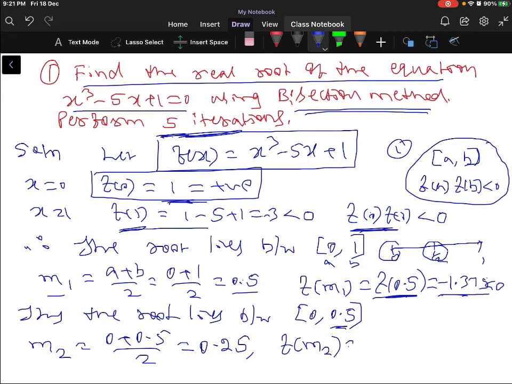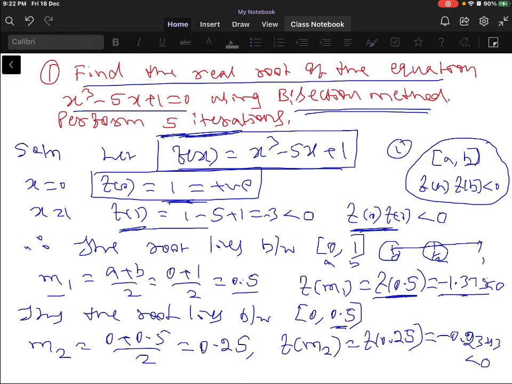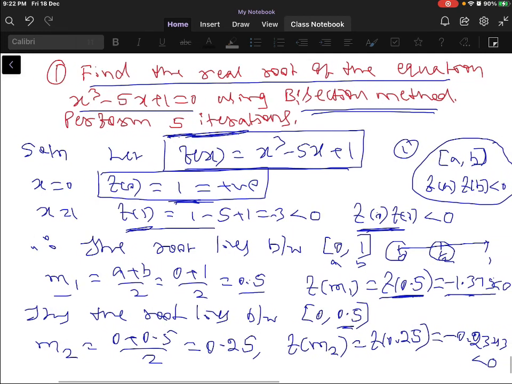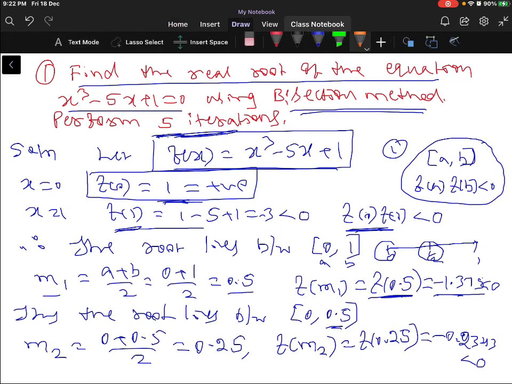Then you find f(m2), that is f(0.25). Putting x = 0.25 in the function f(x) = x³ − 5x + 1, we get −0.2343, which is again negative.